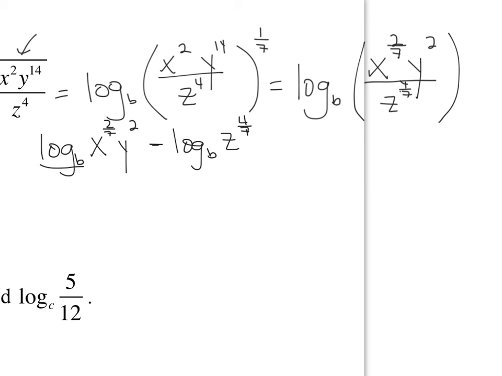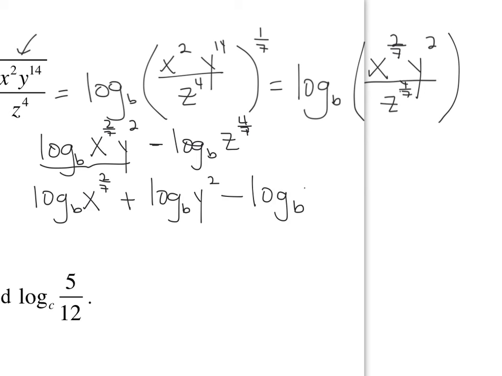And now I'm going to expand out using my product property. Log base b of x to the 2/7. Remember, if it's a product, we're going to add log base b of y to the second. And I'm just, again, going to carry down that log base b of z to the 4/7.